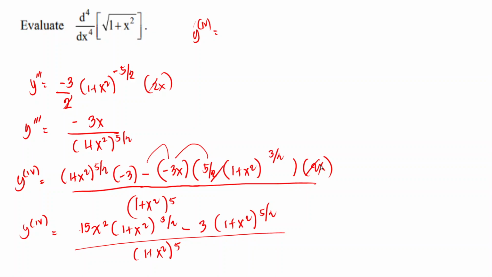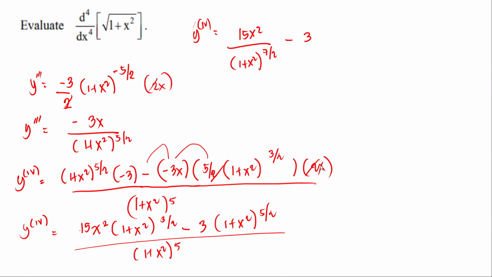Divide natin itong 3 halves. So, 3 halves minus 5 is equivalent to 7 halves. Negative. So, this is 15x squared. 1 plus x squared. 7 halves. Negative siya, kaya natin siya binaba. Negative 7 halves kasi ang 3 halves minus 5.